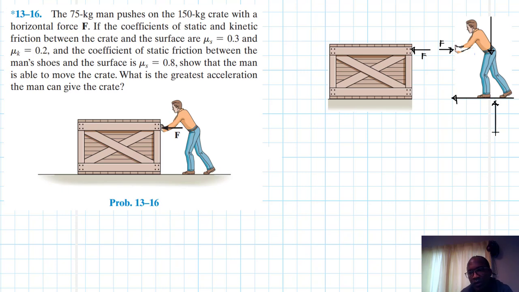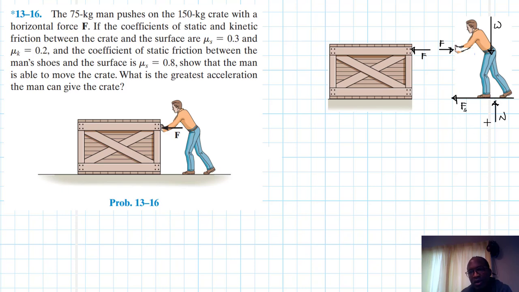Let's call this N, let's call this F, and this F here is a static friction. Let's call this W. So let's work on this first and then we'll come to this later on.